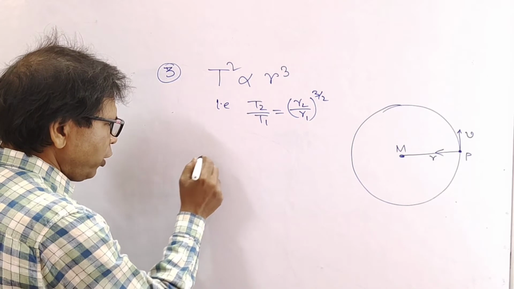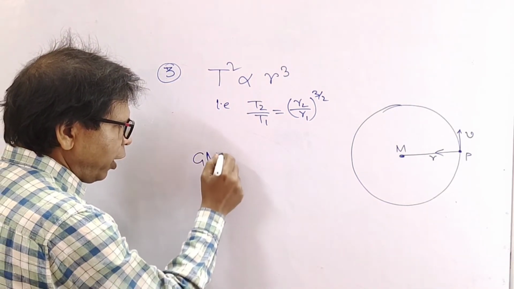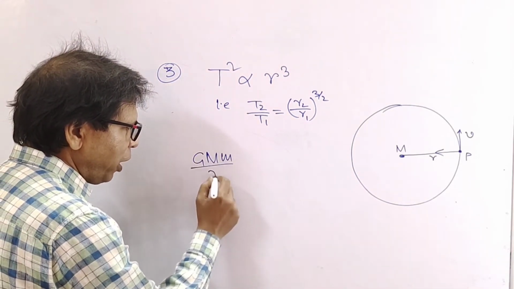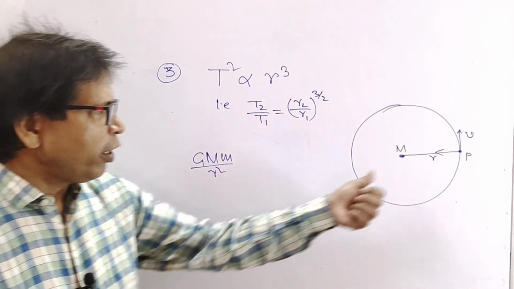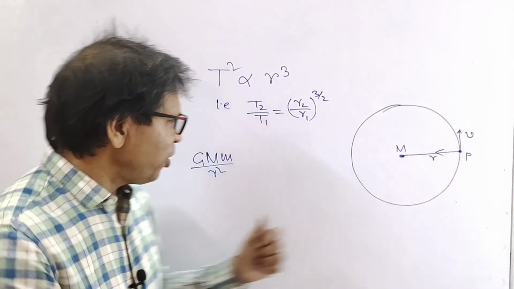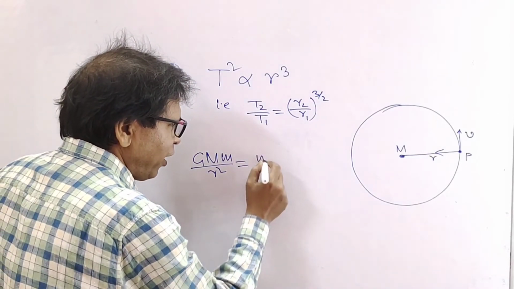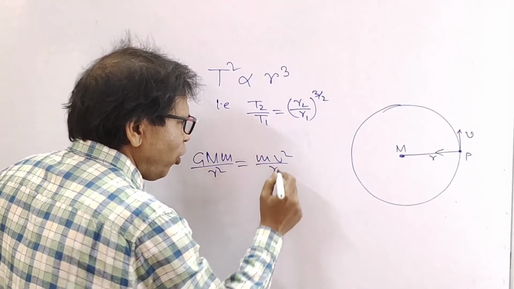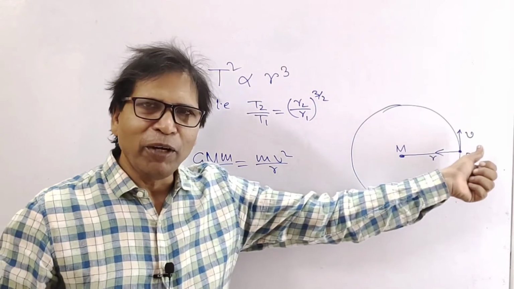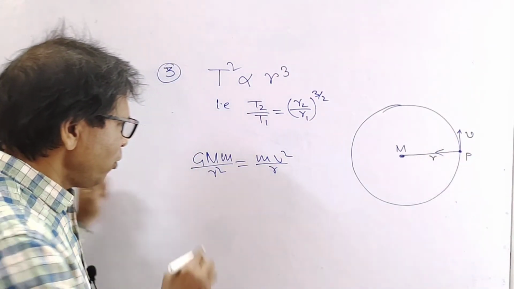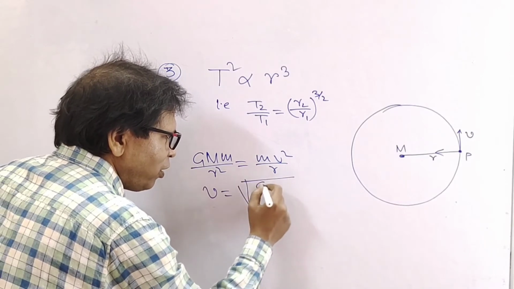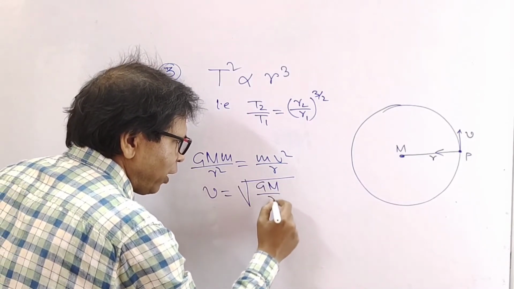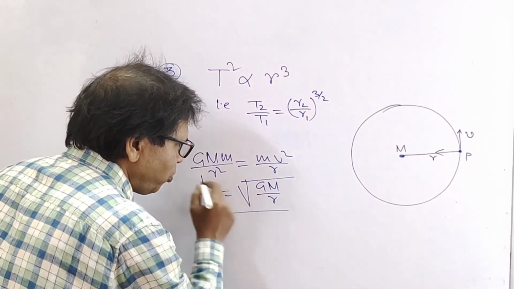This is equal to G times mass of the sun times mass of the planet divided by r square. Now this is equal to mv square by r, where v is the orbital velocity of the planet. Now from this condition, v equals root under G capital M by r, the orbital velocity of the planet.